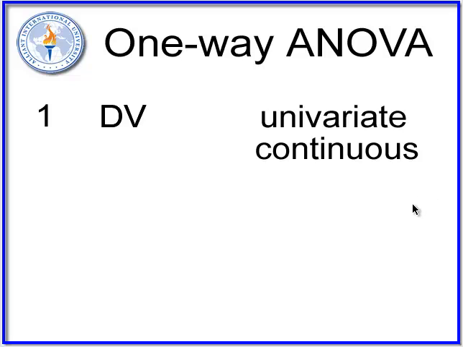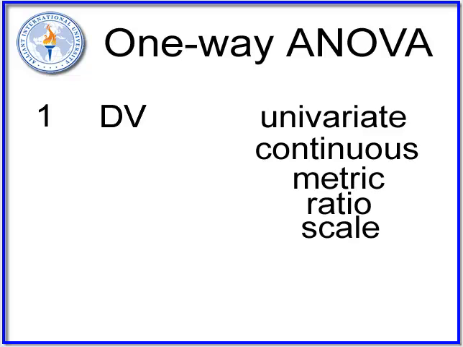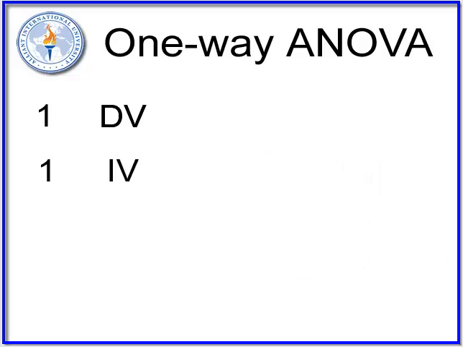And that DV has to be continuous, also known as a metric, ratio, scale, any other numerical names you want to call it. But it has to be a regular counting number. In other words, where 5 is greater than 2. Okay, that's what your DV has to be. It cannot be categorical, not for an ANOVA.